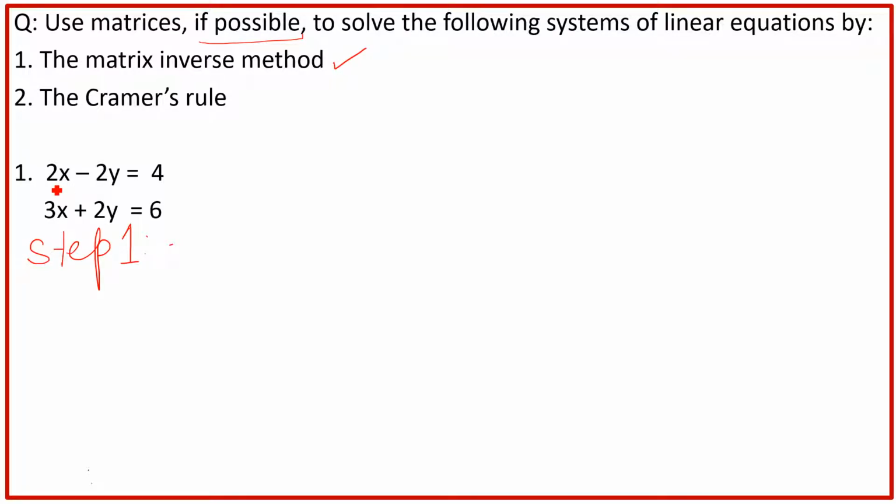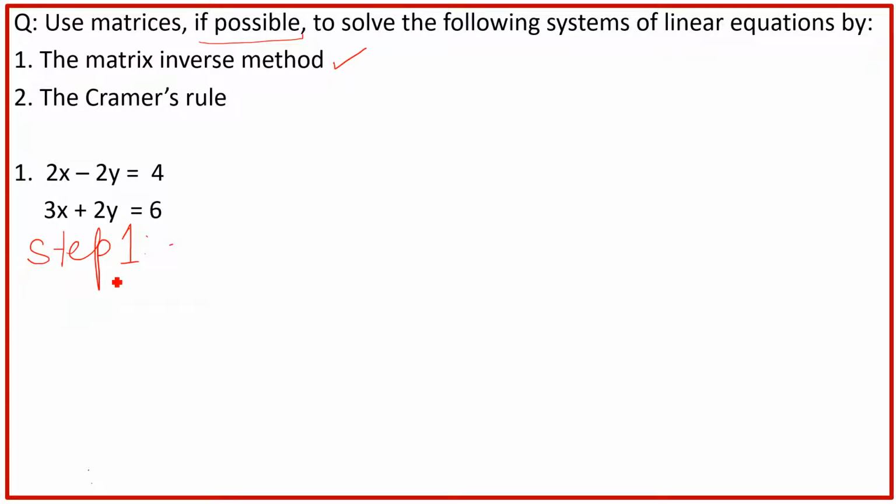This is called the coefficient of x. Similarly, 3x: 3 is the coefficient, x is the variable. Here is the negative 2y. If someone asks what the coefficient of y is, you have to say negative 2. Whenever you see a negative, you should be very careful. So our coefficient here is negative 2 and this is positive 2.